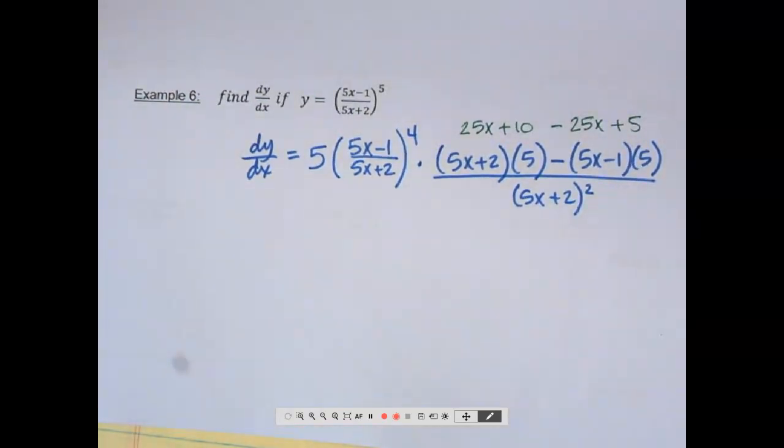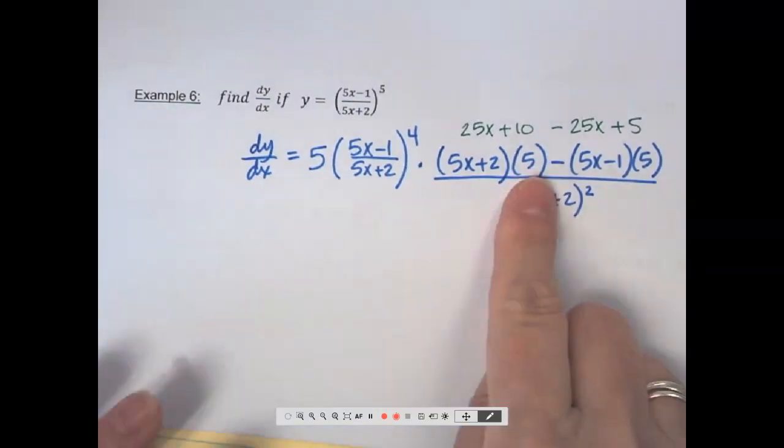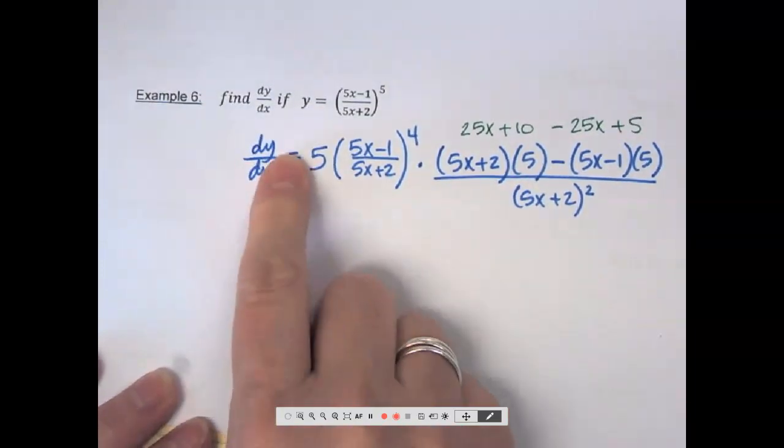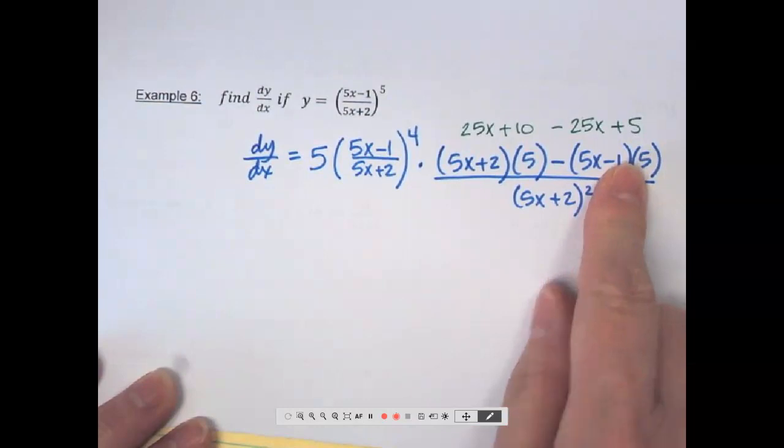You find all the derivatives and multiply them together. Why couldn't you just do the derivative like that, then do the derivative of the outside and put it on the outside? Like that one, put a 5 and raise it to the 4th power.